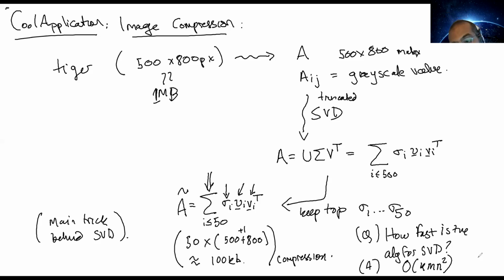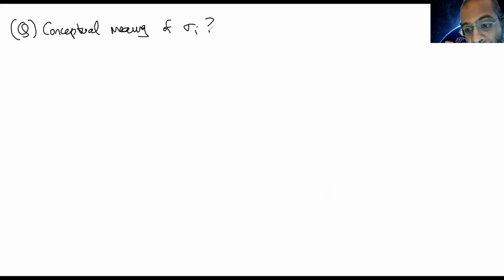Okay, so now I'm going to briefly introduce the second part of the course. What is the conceptual meaning of singular values? Okay. In that example, well, I'm just going to give a heuristic answer.